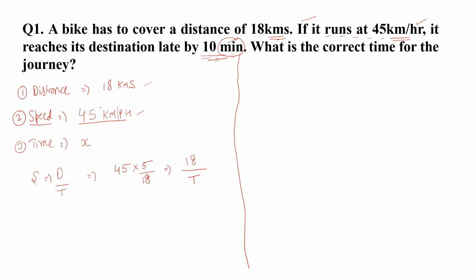Now we have to solve this equation. We can take t to the left hand side and all this expression to the right hand side. So t is equal to 18 multiplied by 18 divided by 45 multiplied by 5.